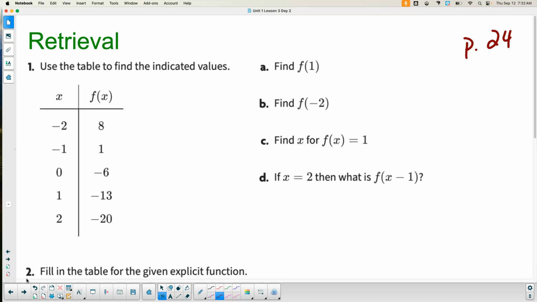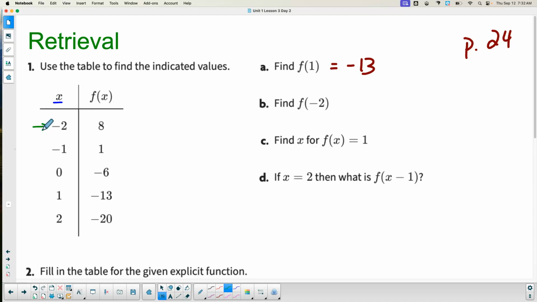All right. So f of 1 means I'm looking on my chart for where we have an x value of 1. That's right there. So f of 1 is negative 13. F of negative 2, I'm going to look down my chart until I find where I've got a negative 2. Happens right there.